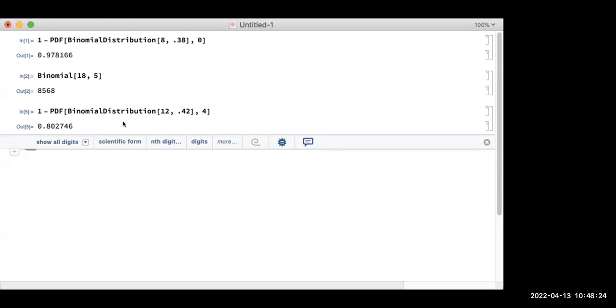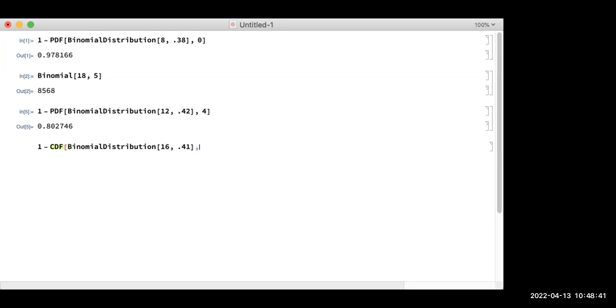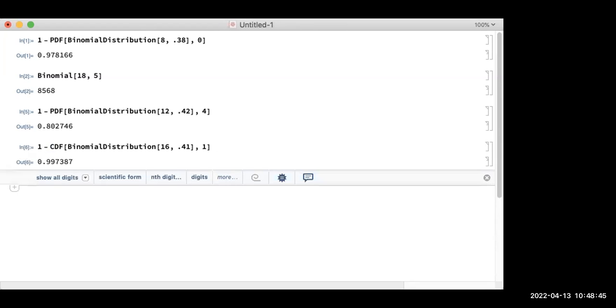And so I have here 1 minus CDF for the binomial distribution with parameters 16 and 0.41. And I want to get rid of everything less than or equal to 1. And so I have 0.997387.